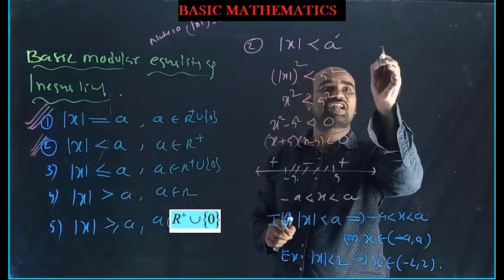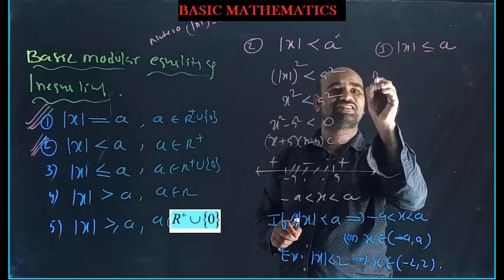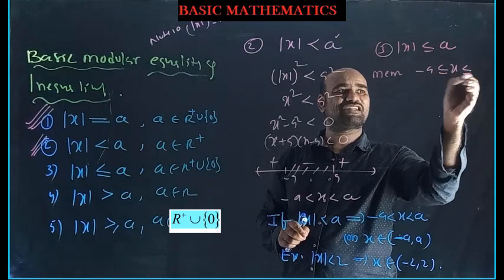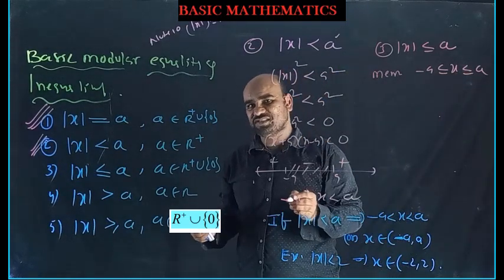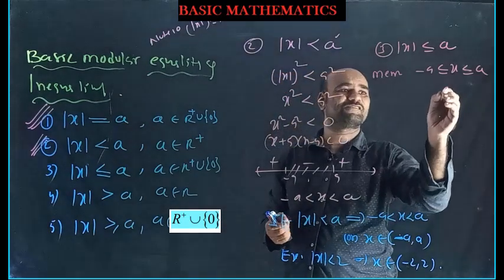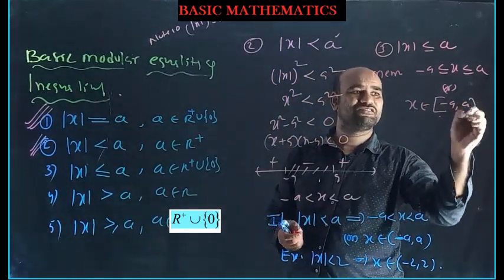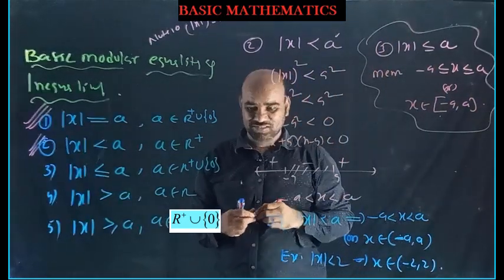So directly I can write: mod x lesser than or equal to A means minus A lesser than or equal to x lesser than or equal to A. X lies between minus A to A, including minus A, including A, or x belongs to closed interval minus A to A. This is important. Third one also completed.